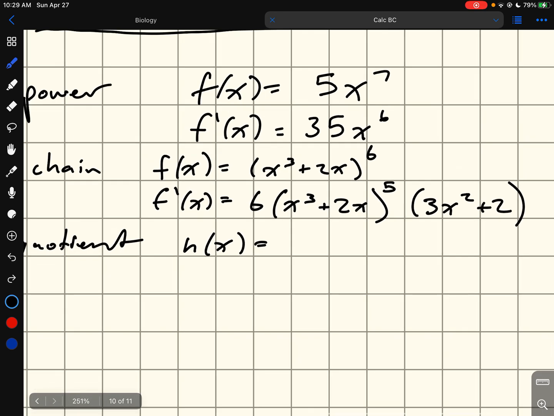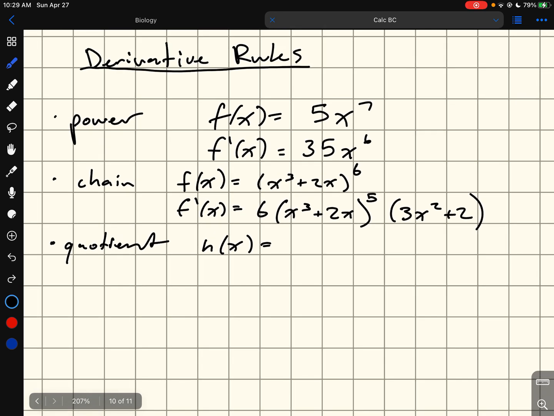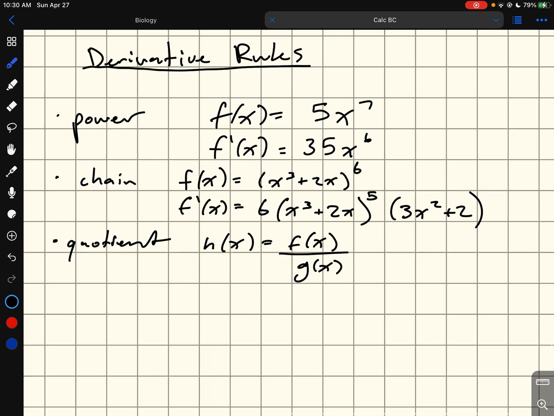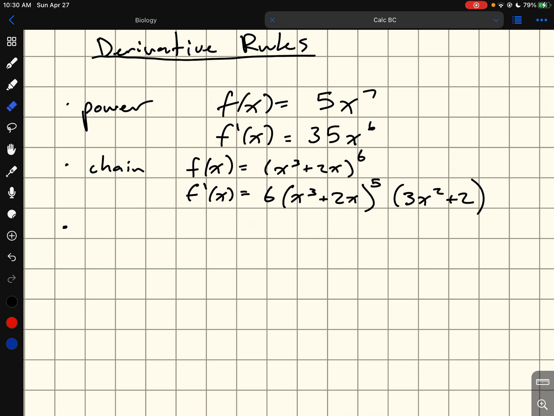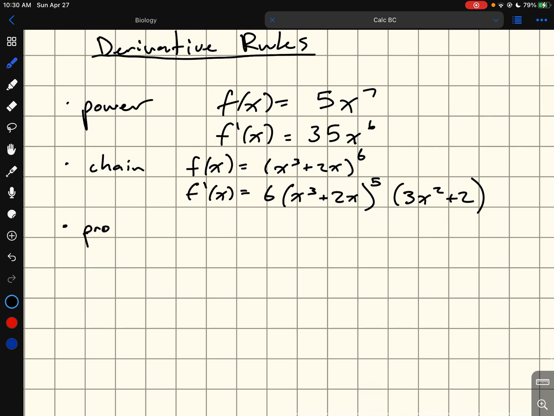It's okay. I'll write it with some general functions. So, quotient rule. Oh, you know what? I should probably just do product rule first, because then quotient rule is easier to memorize.